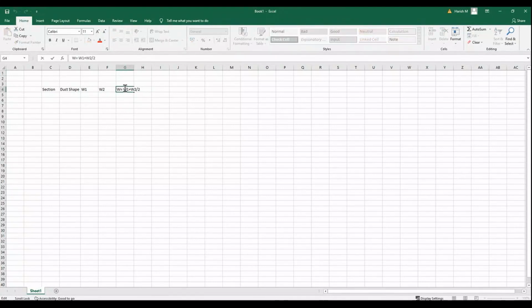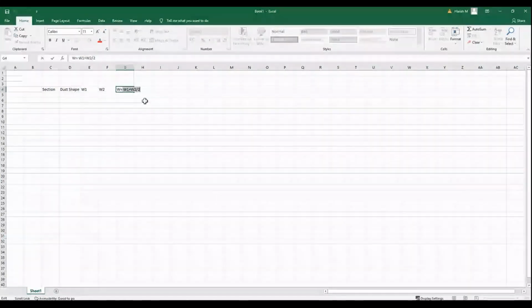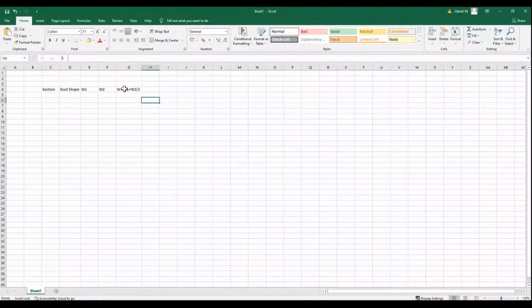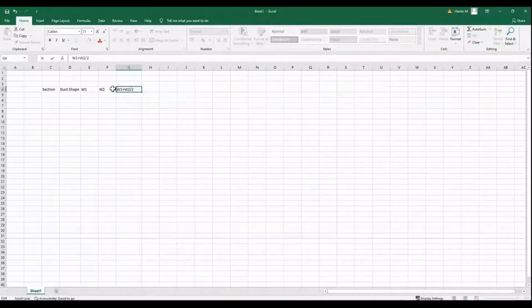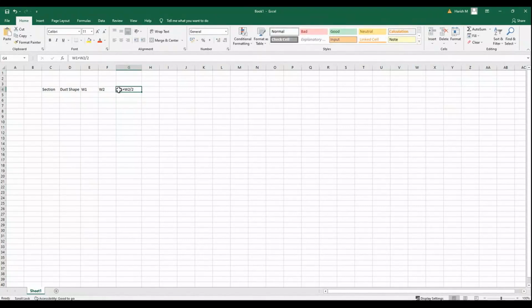This is the average I'm taking. So directly I'll take width equals width 1 plus width 2 by 2.